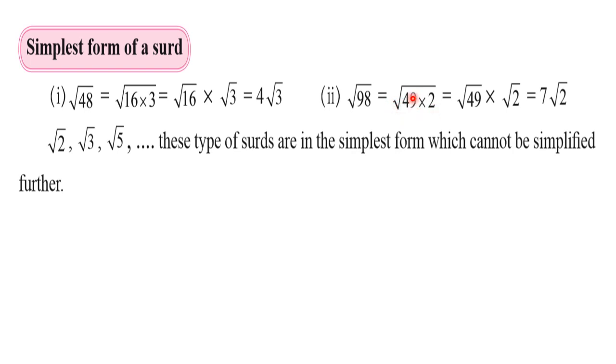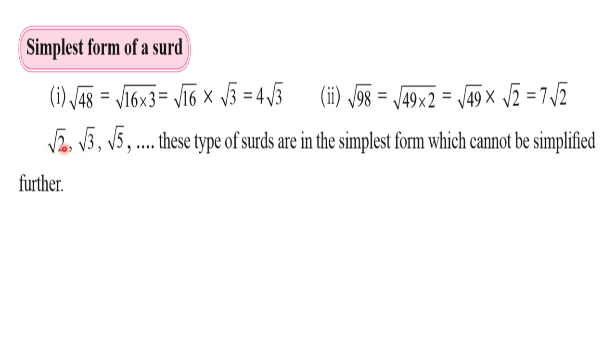Why? Because 49 is a perfect square. It is the square of 7. Afterwards, we split this as root 49 into root 2. Root 49 means 7, and root 2 as it is. So square root of 98 is written as 7 root 2. This 7 root 2 and 4 root 3 are called the simplest form of surd.